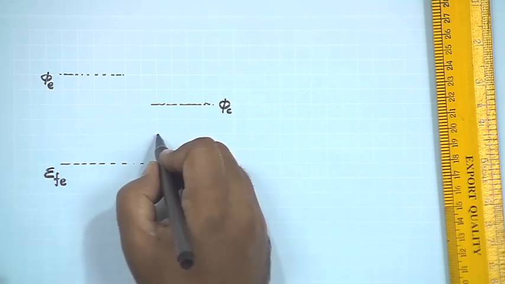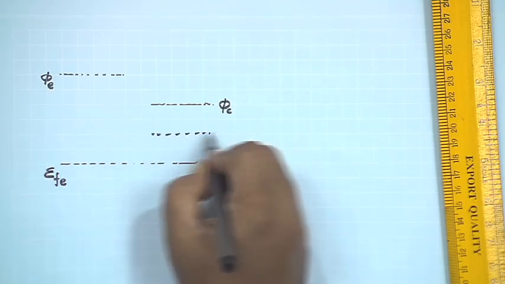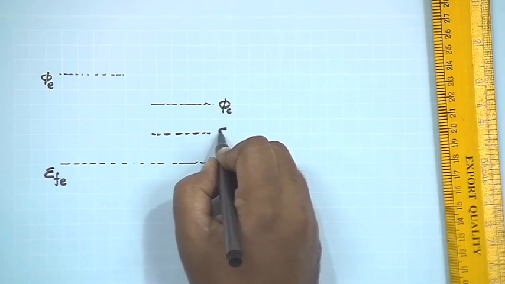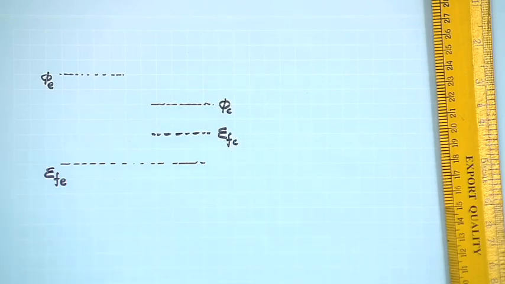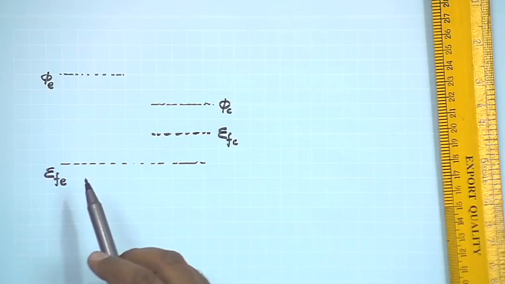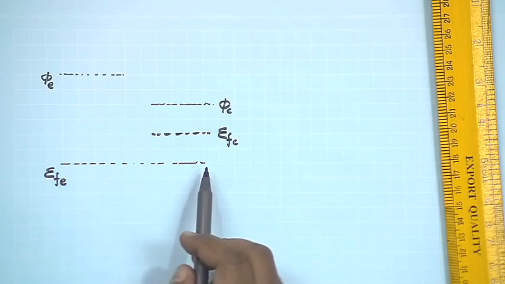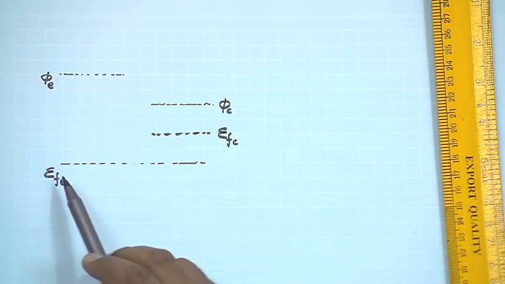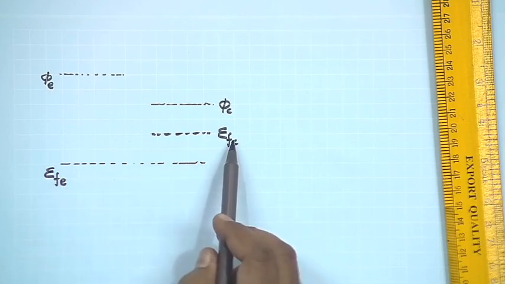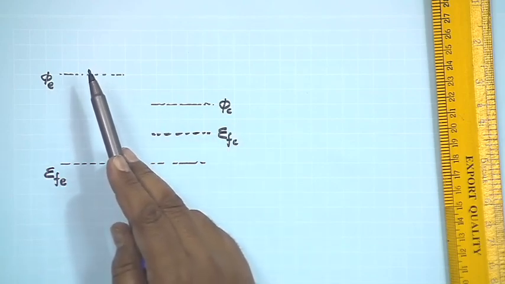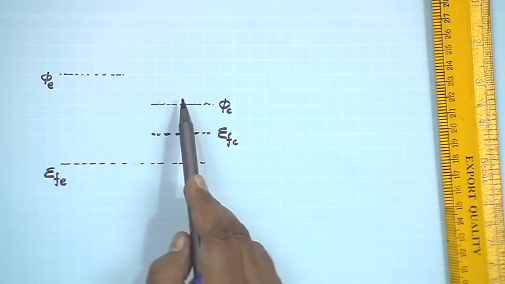However, the Fermi level of the collector will be higher than that of the emitter. Understand? So, I repeat, the emitter and collector surfaces are chosen such that the Fermi level of the emitter is lower than that of the collector, but the work function of the emitter is higher than that of the collector.